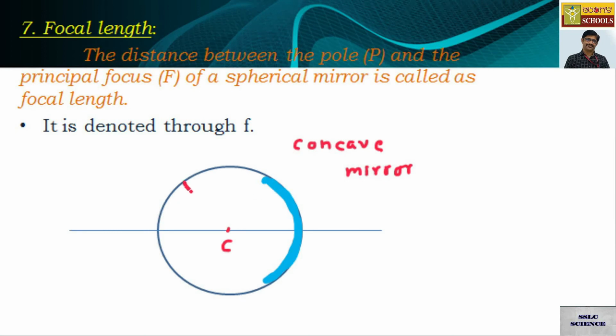The radius of this imaginary sphere of which the mirror is a part is taken as the radius of curvature R. Pole of the mirror, the midpoint of the mirror, is taken as P. Pole of the mirror is the midpoint on the spherical or concave mirror.